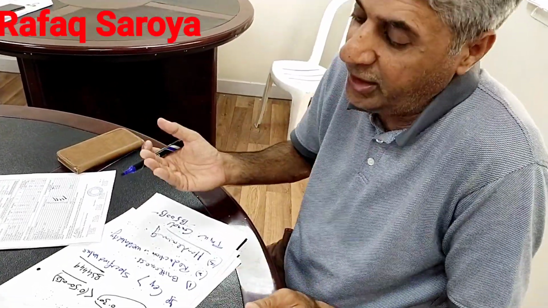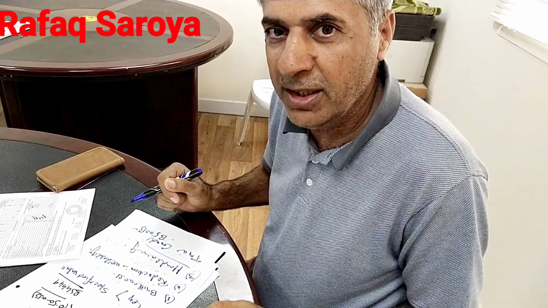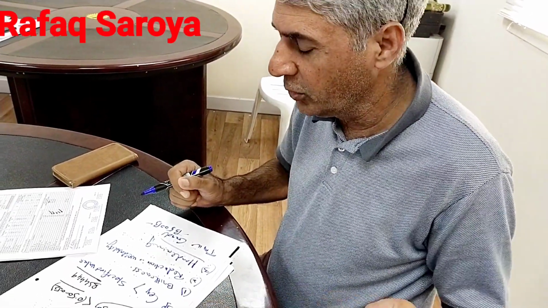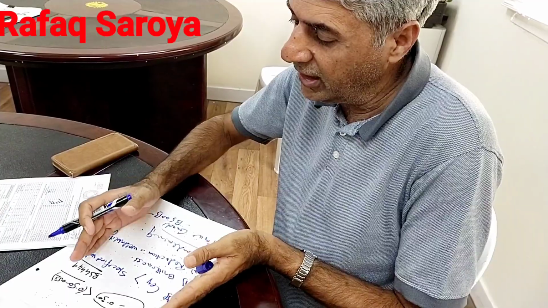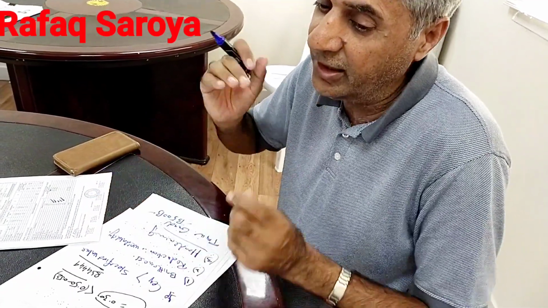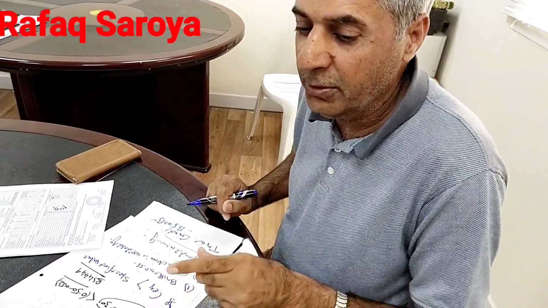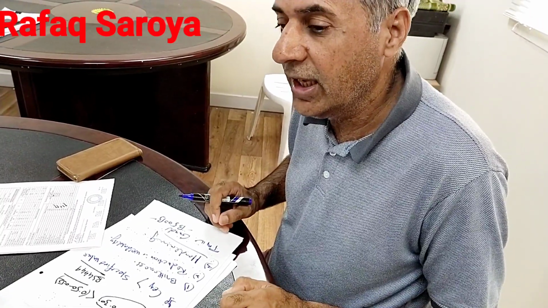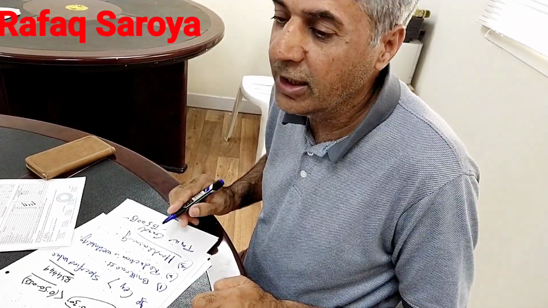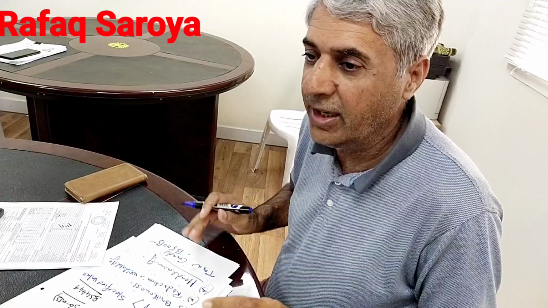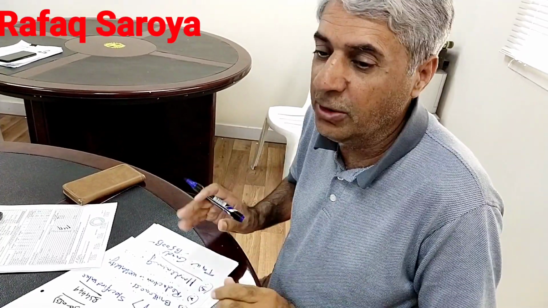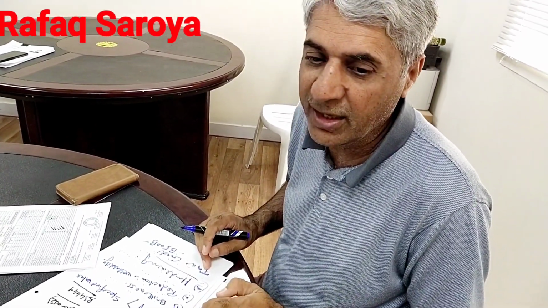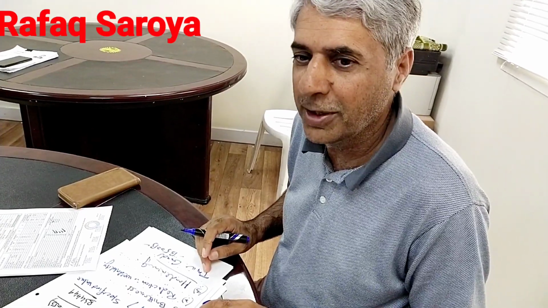If they are violating our specification, it means it is not acceptable. We will have to see that these values are exactly according to our standard. Then we can say that our steel has satisfied the chemical composition requirement, it is well within the requirement, and we can use it as reinforcement bar. Thank you very much for watching.